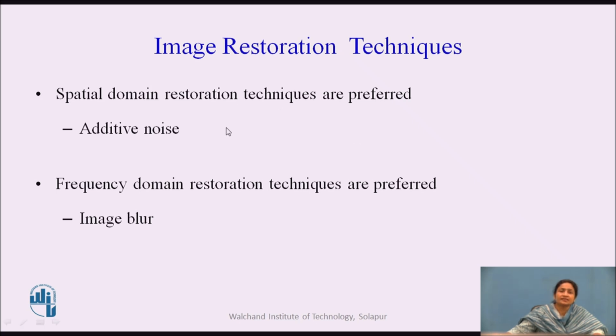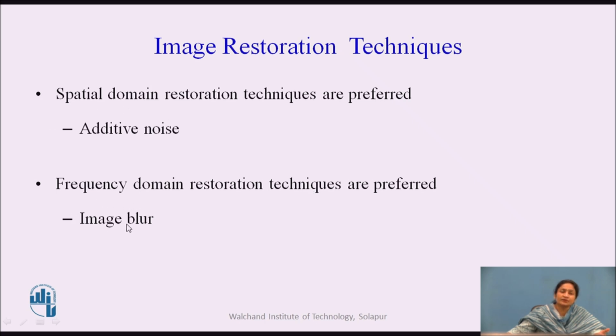The restoration techniques can be prescribed in both the spatial domain and the frequency domain. In the spatial domain, it works to improve the quality of images with additive noise, where we consider pixel formulas, while in the frequency domain, restoration techniques are based on the concept of frequency.